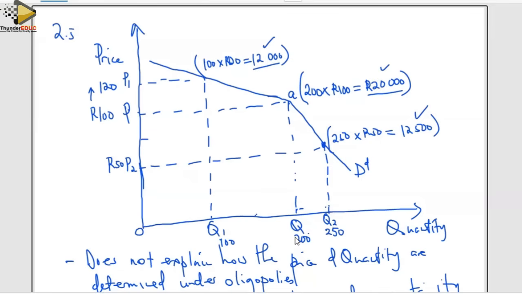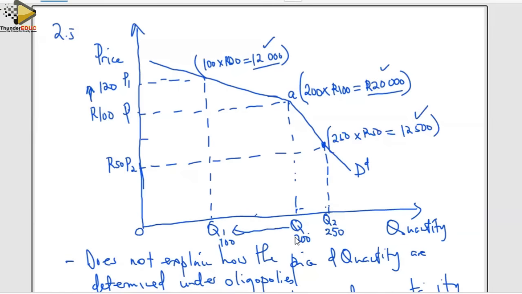If you increase a price by a smaller margin, like what is illustrated here, from 100 to 120, you are going to lose a very big customer base. Because these products, remember, they are similar, but they are only differentiated. If, for example, it's network providers, basically the network is the same, and what differs there are the charges. If you try to increase your prices, customers will shift to other network providers.